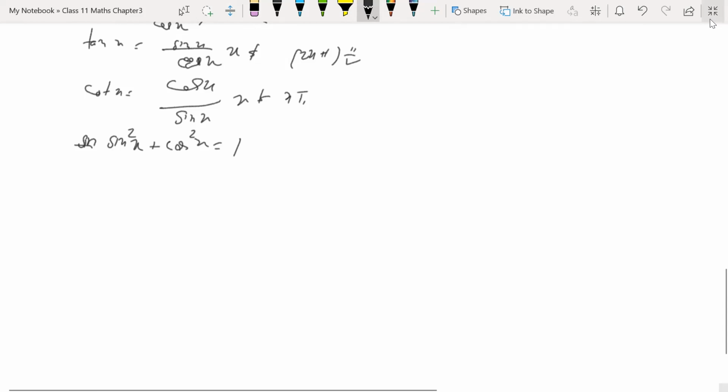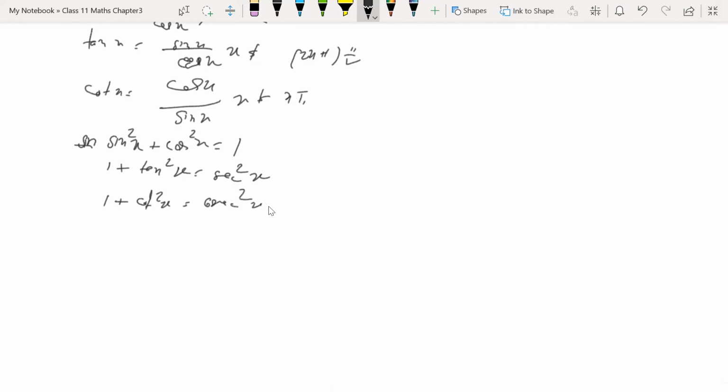And other identities also: 1 plus tangent square x is equal to secant square x, and 1 plus cotangent square x is cosecant square x. These are the trigonometric identities.